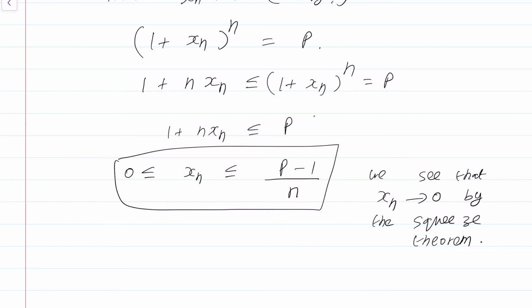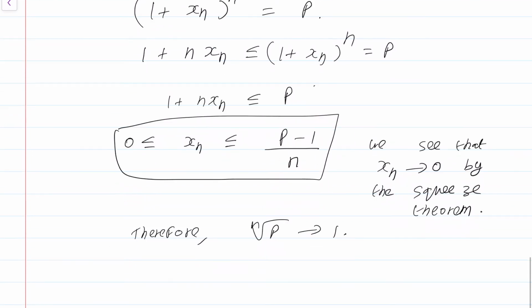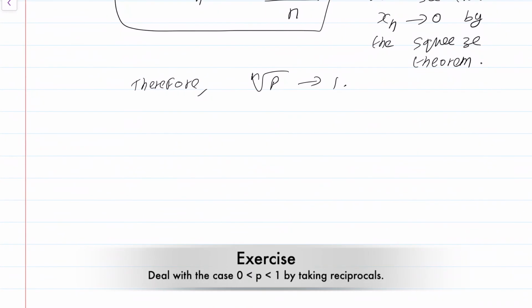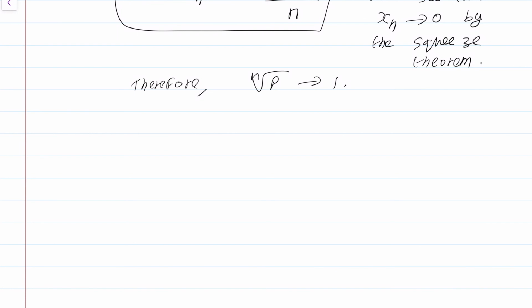So we were able to prove that xn converges to 0, and therefore nth root of p converges to 1. Again, this is very similar to the proofs we have seen earlier. We just use the binomial theorem.